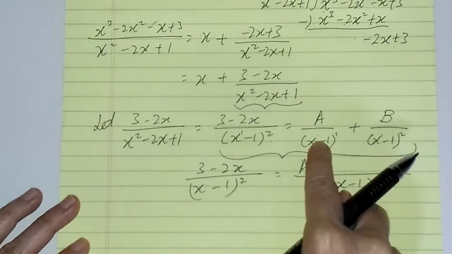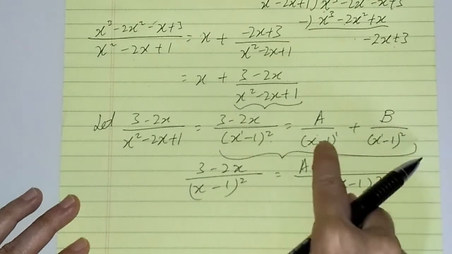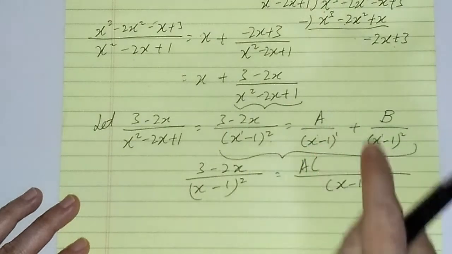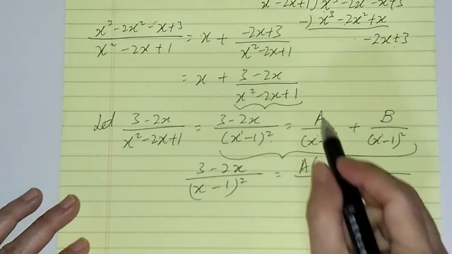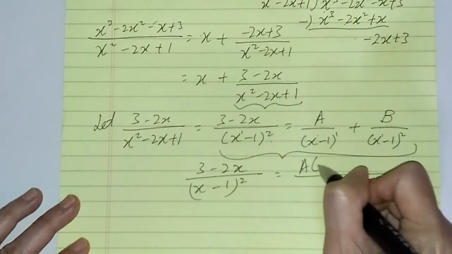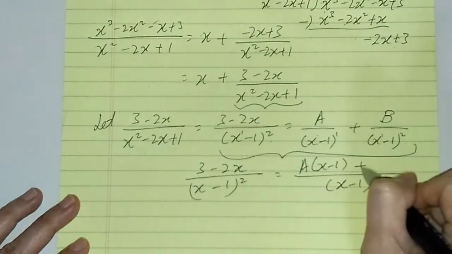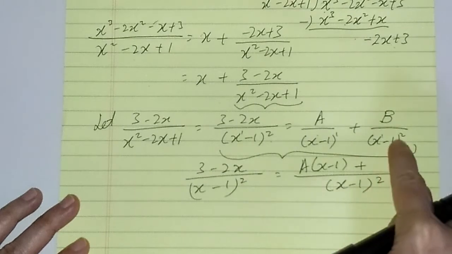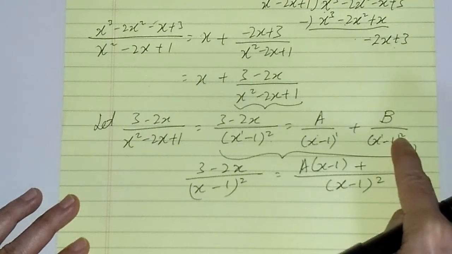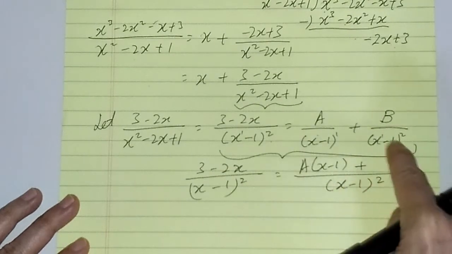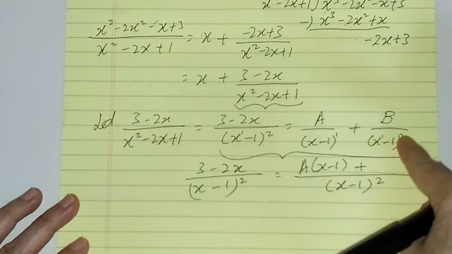So this divide by x minus 1 bracket squared divided by x minus 1, the power 1 is x minus 1. x minus 1 times A will be A times x minus 1 plus the denominator divided by denominator is the same, so it's 1. x minus 1 bracket squared divided by x minus 1 bracket squared is 1.